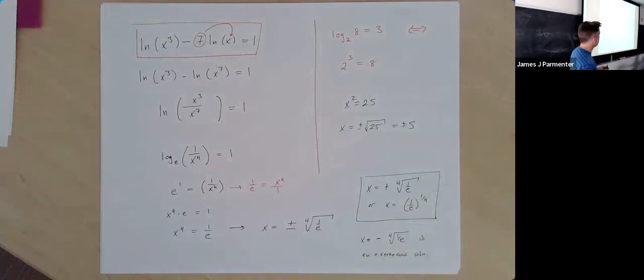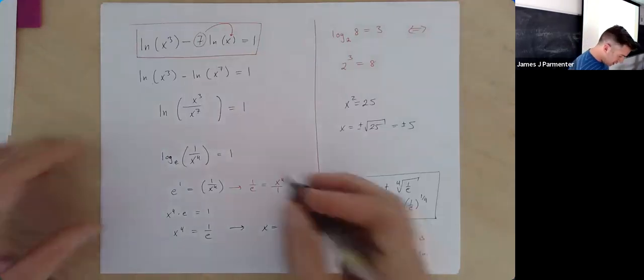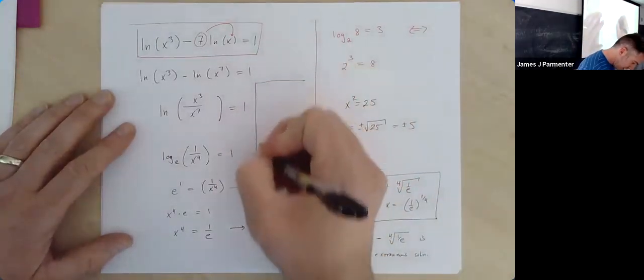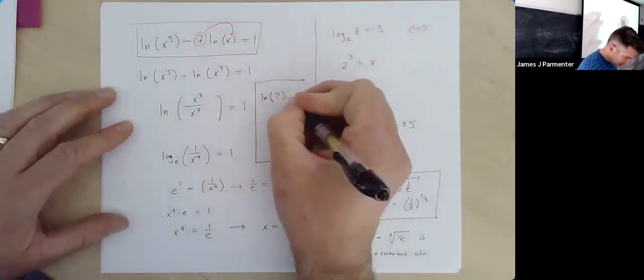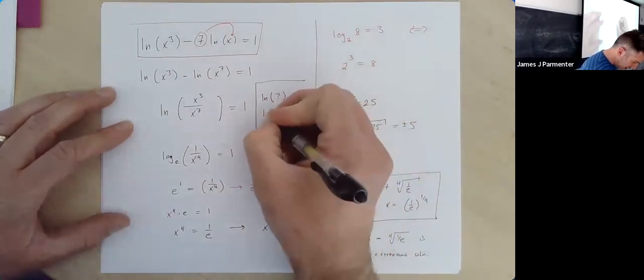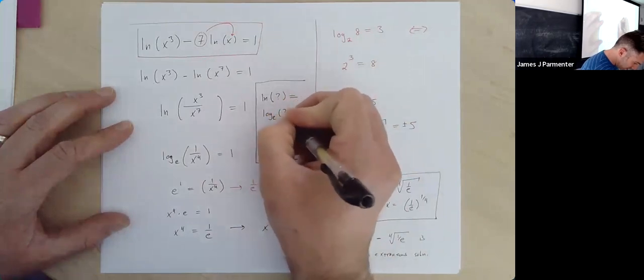Log base e, yes. Base e is the same thing as just e to that one. What I'm really saying here is that the natural log of whatever you like is the same thing as log base e of whatever you like.